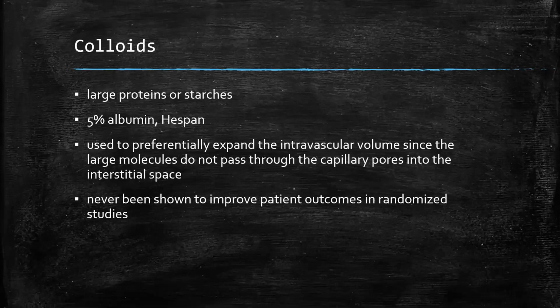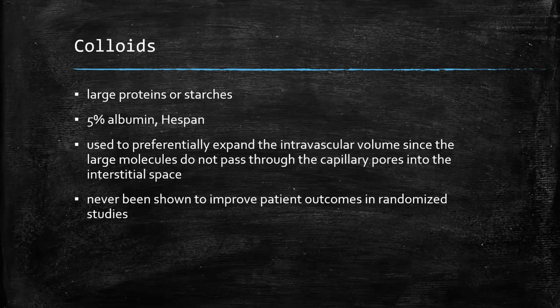Another type of fluid that we might use are colloids. These are large molecules. 5% albumin is the most common one we use. Hespan is a large starch molecule that is sometimes used in the OR as well. What's the point of these things? They're large molecules, and so they should not pass through the capillary pores. And so they're relegated to just the intravascular space.